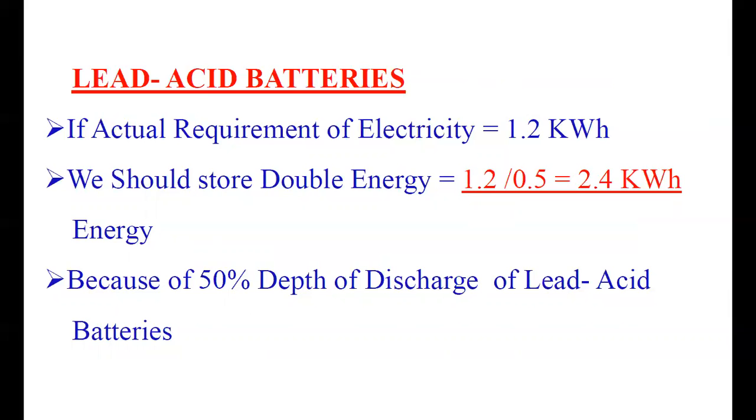So if the requirement is 1.2 kWh, and we are using a lead acid battery with 50% depth of discharge, we have to store approximately 2.4 kWh, or 2.4 units of energy. Then only can we use 1.2 kWh for energy production. Similarly, in the case of a lithium ion battery, we can use only 80 to 90%, so accordingly we have to store more energy for the requirement of energy production.